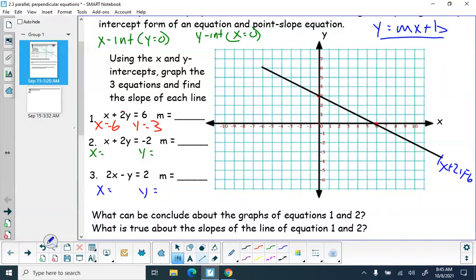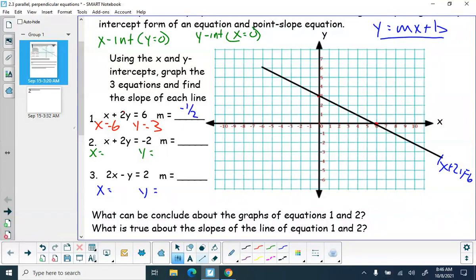What's our slope going to be? 1/2? You sure? I can get it in the form y equals mx plus b. I can solve for y. What do you come up with? Negative 1/2. That's correct. We're going downwards to the right.